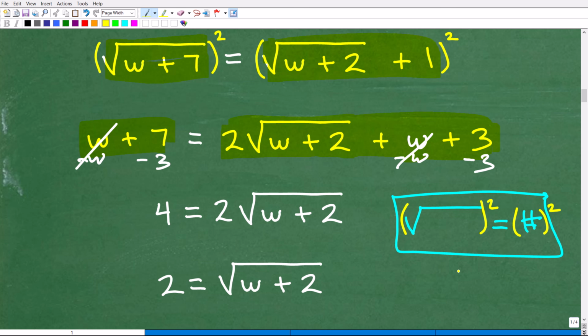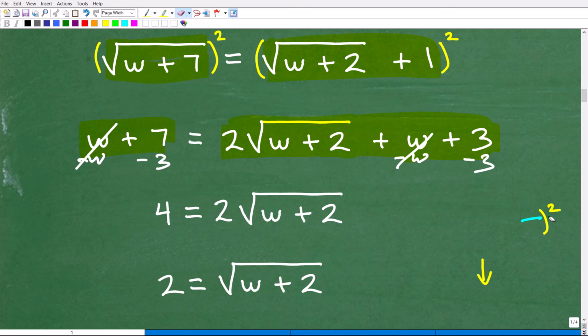When you square both sides, that's going to be the key to solving the equation. Again, hopefully you have some experience solving basic radical equations, but if you didn't know that, okay, now you do. Again, this is a little bit more challenging of a problem. So if you're a little bit lost, go check out some more basic problems. I'll give you some suggestions here in a second, but let's follow through here.